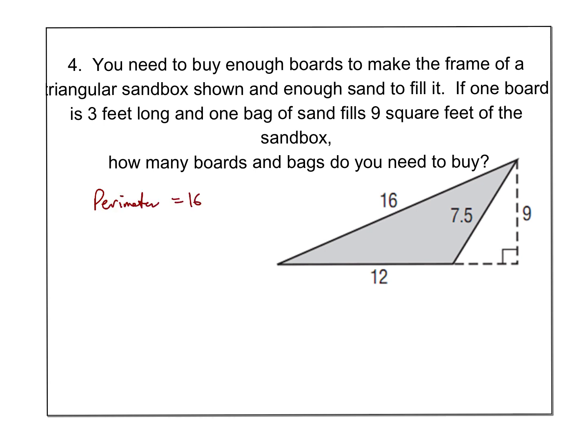That'll just be 16 plus 12 plus 7.5, which is 35.5. Now, if each board is 3 feet long, how many are you going to need? So I divide that by 3. That's 11.83. So I will need 12 boards.